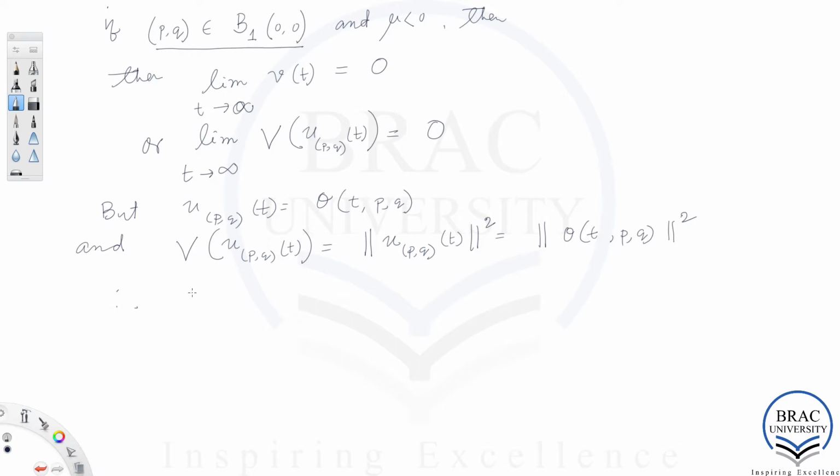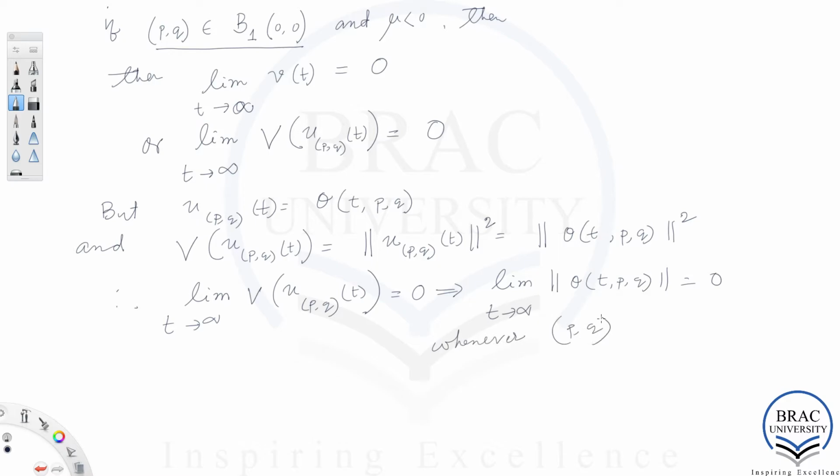So therefore, we see that the limit of this as t approaches infinity is equal to 0 implies the limit of the norm approaching 0 as t approaches infinity, whenever the vector p comma q is inside this open ball of radius 1 centered at the origin. This is our equation number 31.